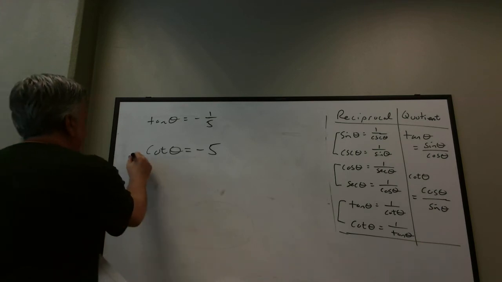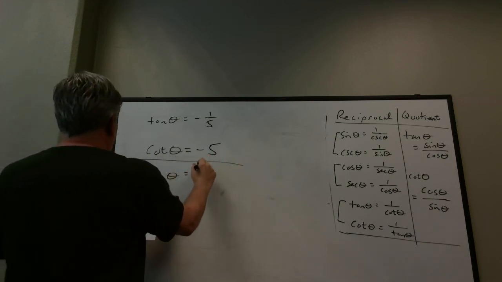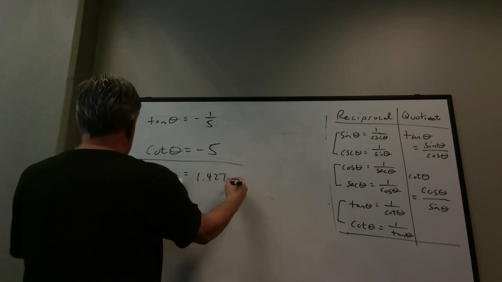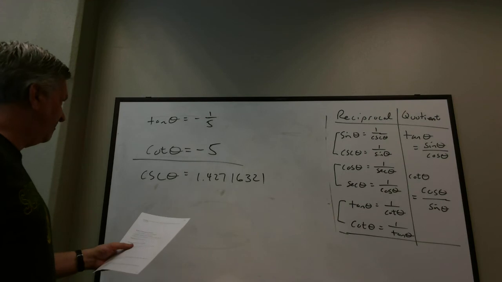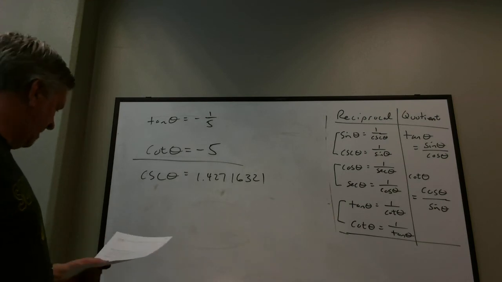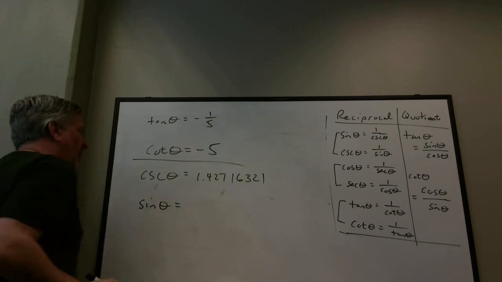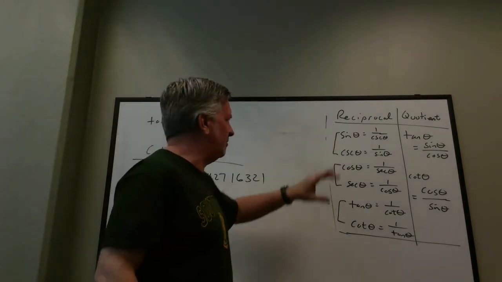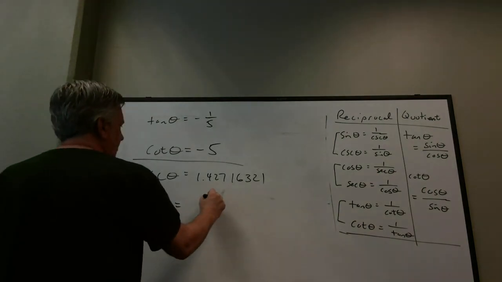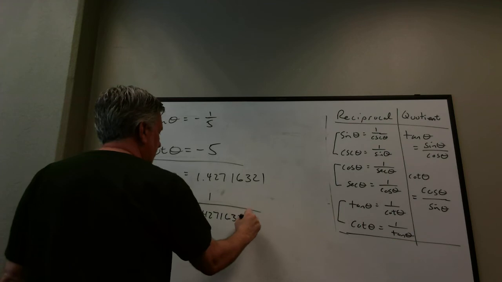The next problem says, suppose cosecant theta is 1.42716321, and it says find sine theta. Well, what's the relationship between cosecant theta and sine theta? They are reciprocals of one another. So the reciprocal is 1 over 1.42716321.